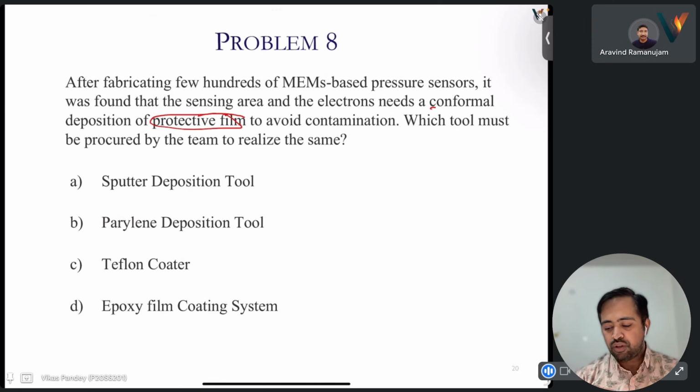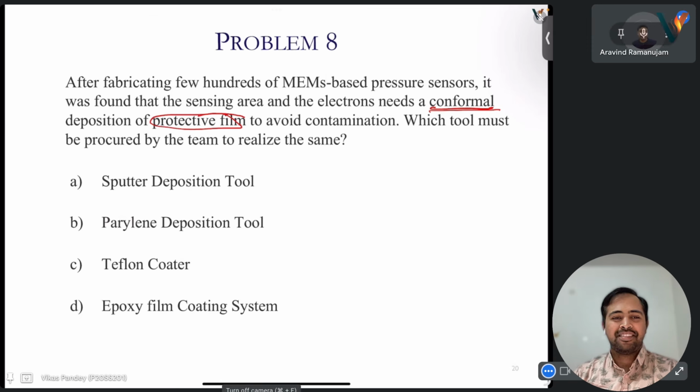It is about conformal deposition. Conformal means the same thickness at all places. So it should be a sputter deposition tool, parallel deposition tool, Teflon coating, or epoxy film coating system.